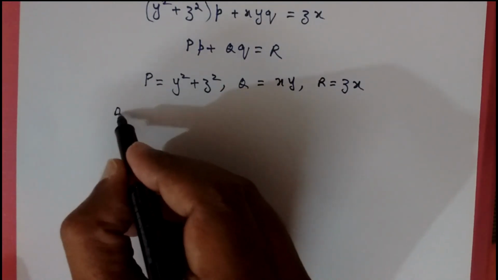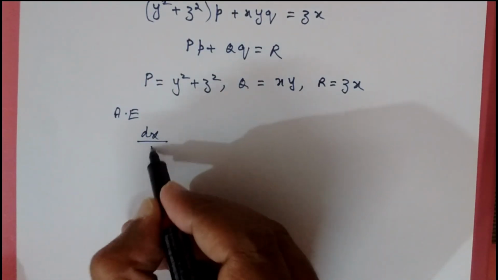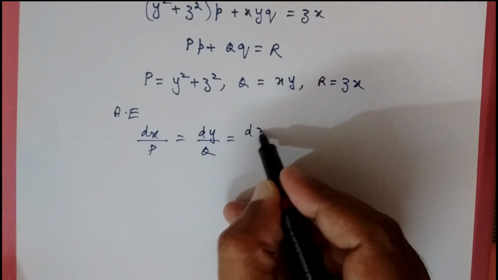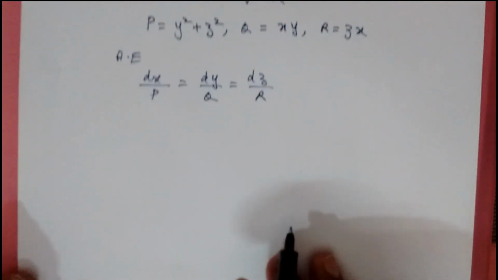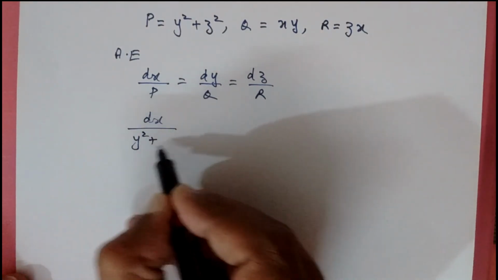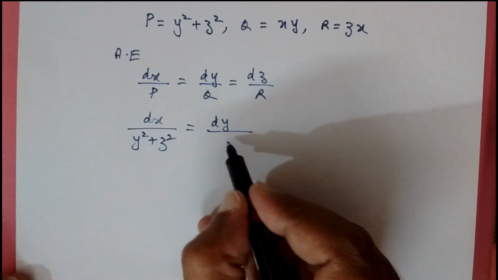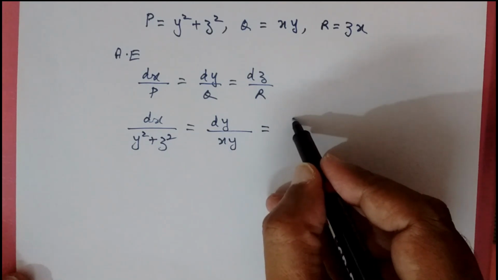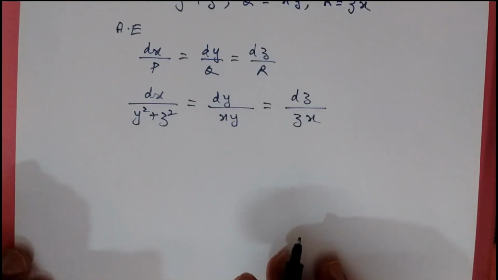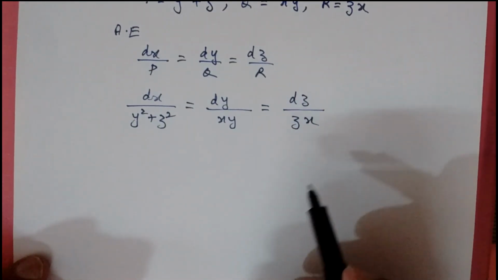Now if you write down the auxiliary equation, the auxiliary equation will be dx by P is equals to dy by Q is equals to dz by R. So you have dx by the value of P is nothing but y square plus z square, it is dy by the value of Q is xy, then it is dz by the value of R is zx.